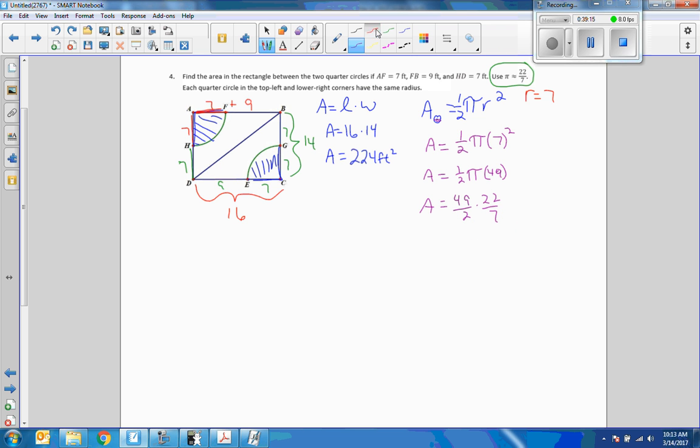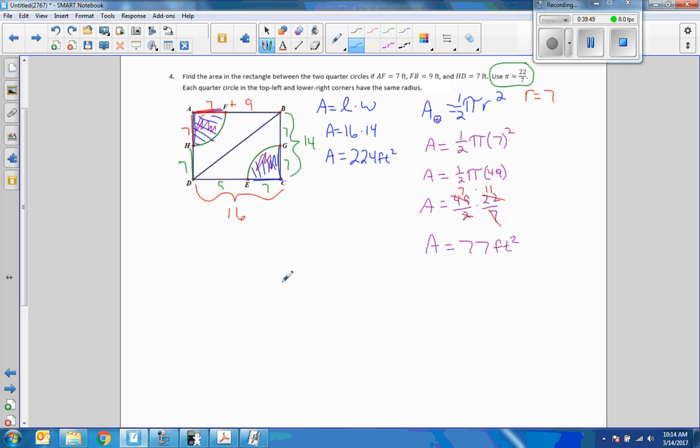Okay, remember what I said before? These get really big. If I take 49 times 22, it's a huge number. Then I have to divide it by 14. In other words, it's easier to make things smaller before you make them bigger. 49 divided by 7 is 7. 22 divided by 2 is 11. So now I have 1s in the bottom, and I'm just multiplying 7 times 11. And we all should be able to do that in our head. So the area is 77 feet squared.